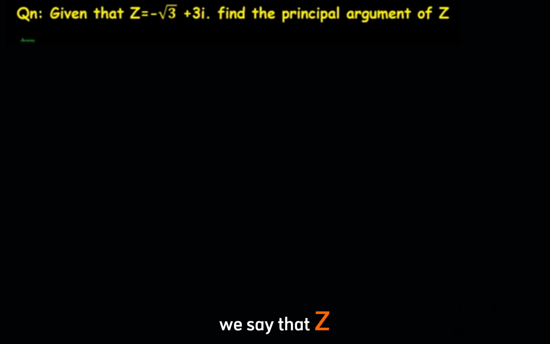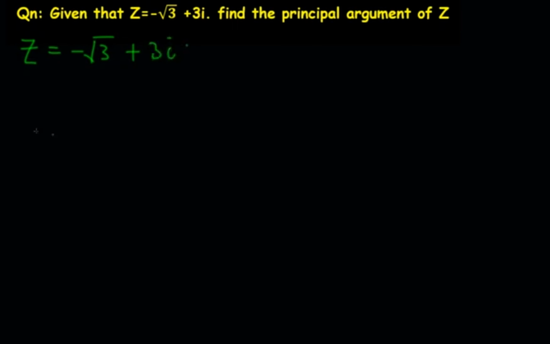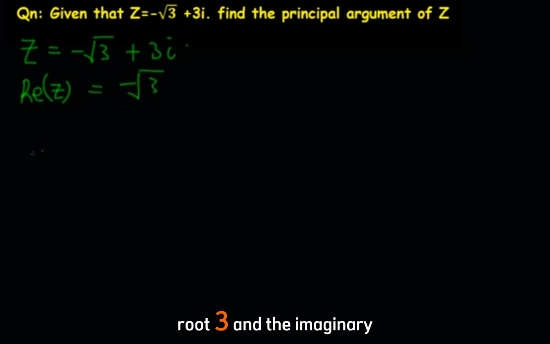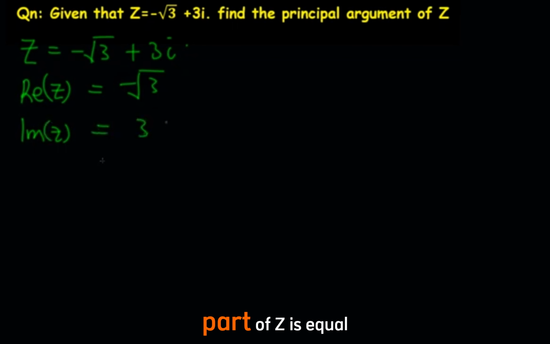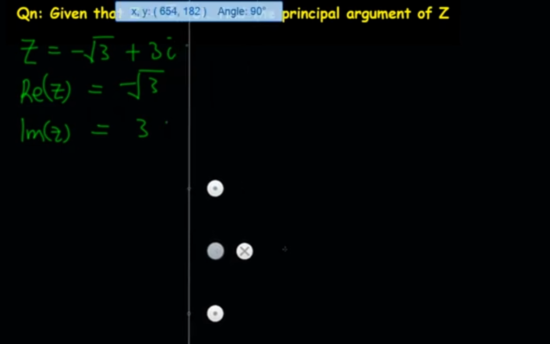Remember, we say that z is equal to negative root 3 plus 3i, implying that the real part of z is equal to negative root 3 and the imaginary part of z is equal to 3. So we draw our Argand diagram and illustrate z.